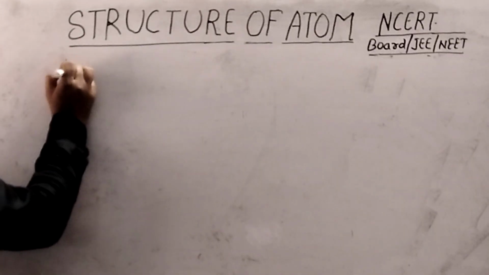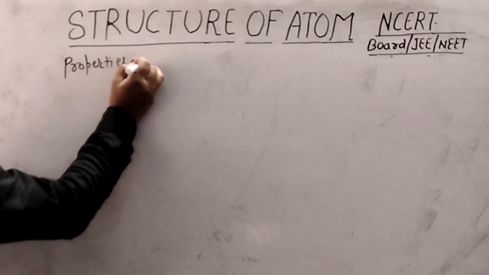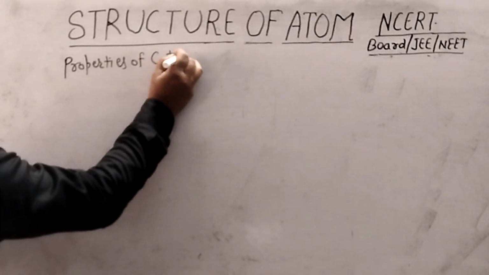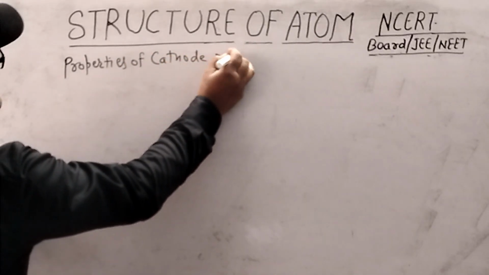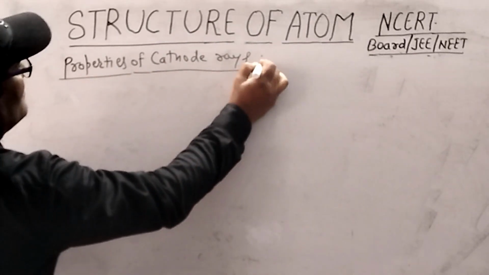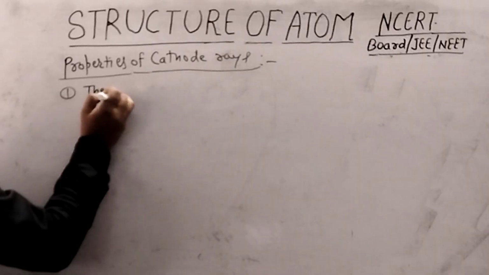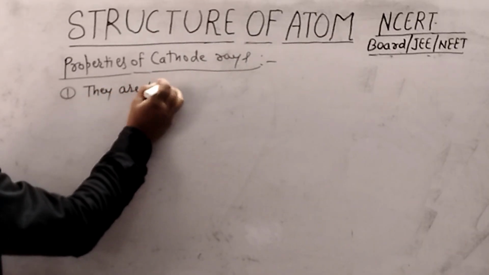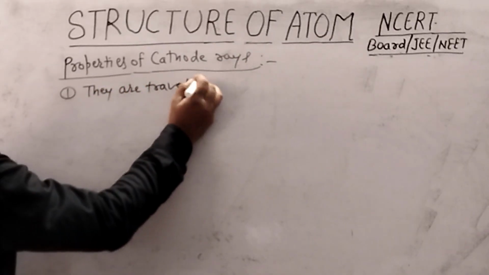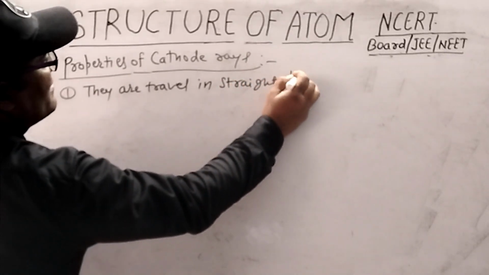Properties of cathode rays. First property, they travel in a straight line.